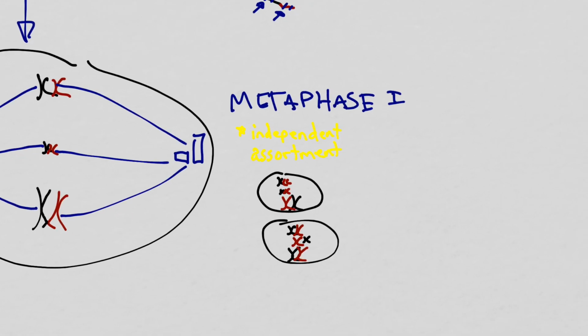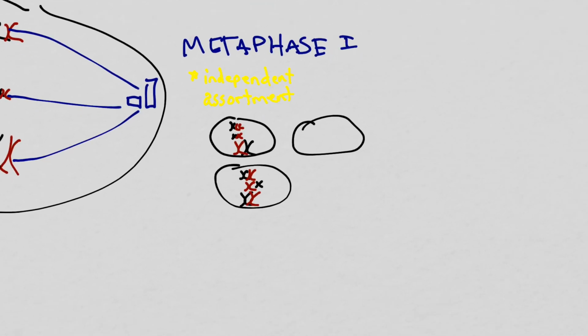I could have also made it so that all the red were on the left and all the black were on the right. There's a whole bunch of possibilities. And this random orientation of which side the maternals and paternals go on create new variations.